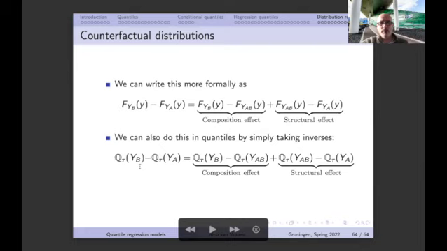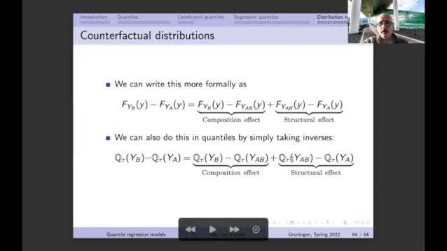So the quantiles between these two groups may be different, but there also we can look at the difference between what you actually get as a B population minus what you would have had if you had the characteristics of the A population.